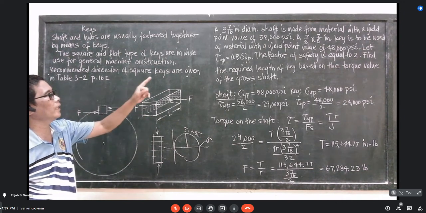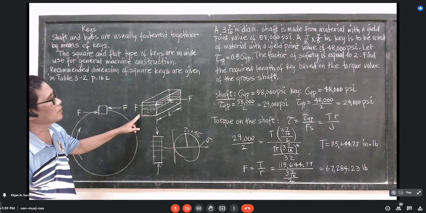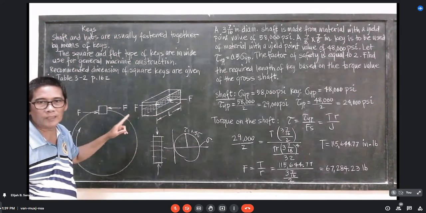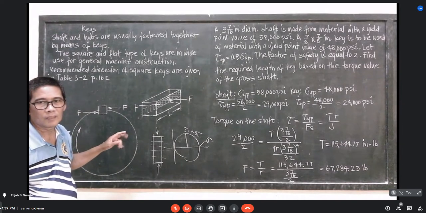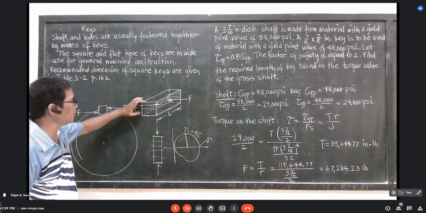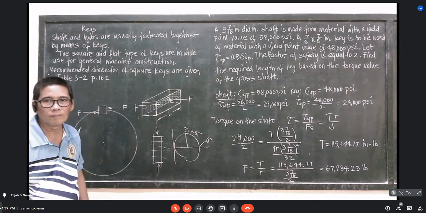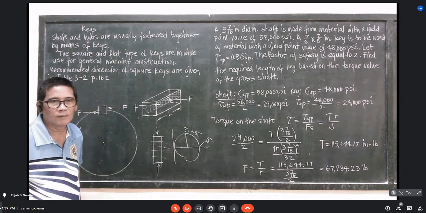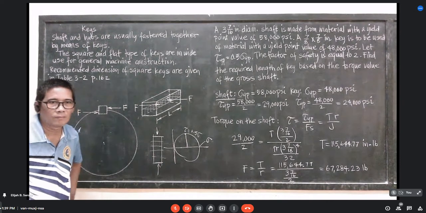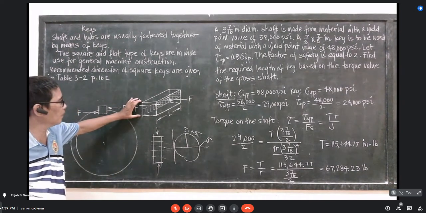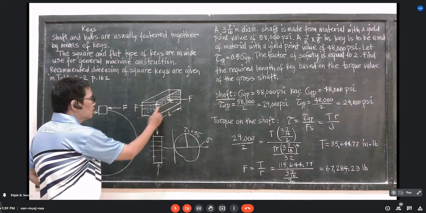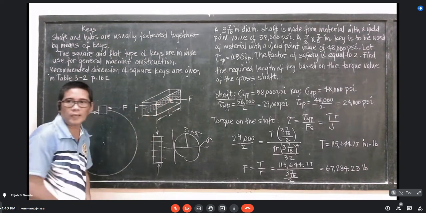We are given that the key is 7/8 by 7/8, and it is this area here that is the bearing area.